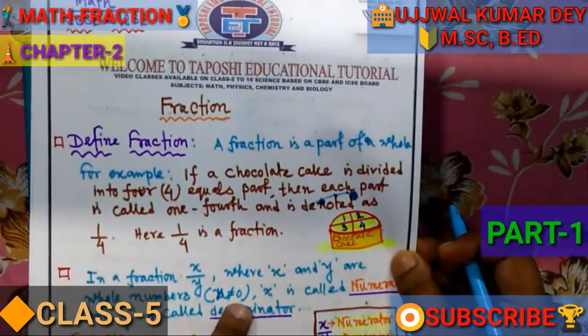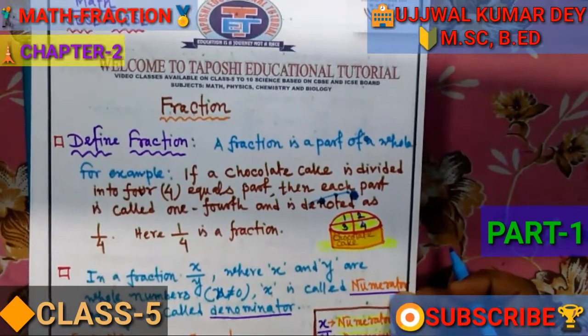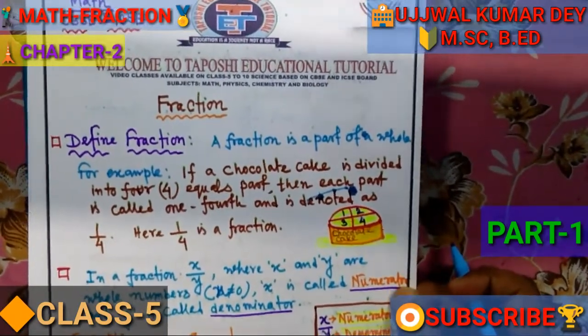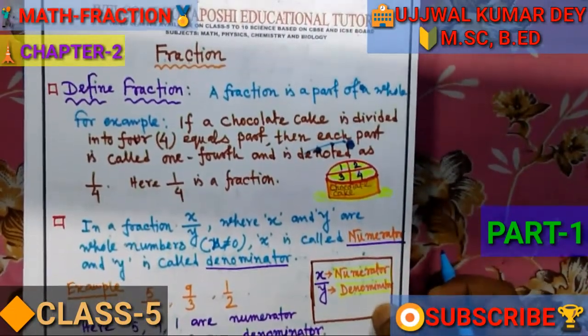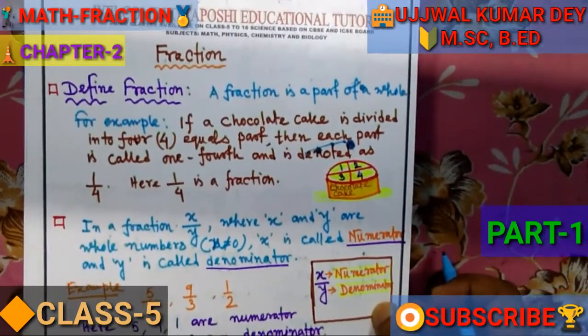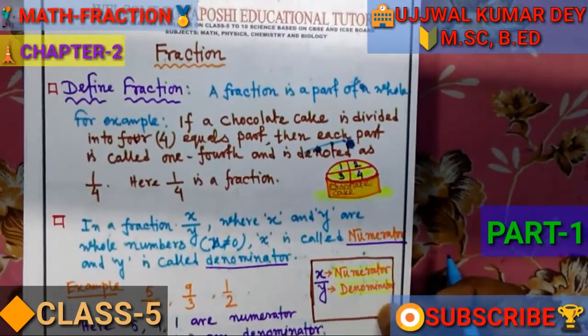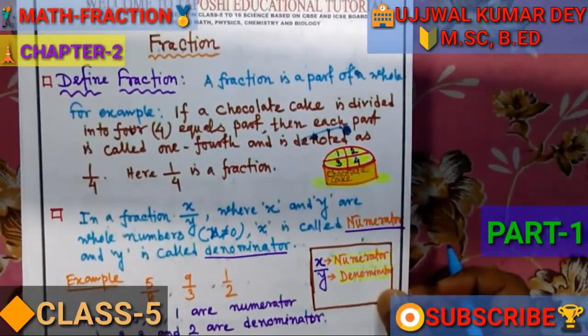And x is called the numerator and y is called the denominator. For example, 5/8, 9/3 and 1/2. Here 5, 9, 1 are numerators and 8, 3 and 2 are denominators.